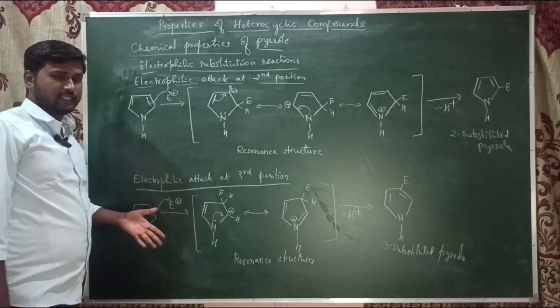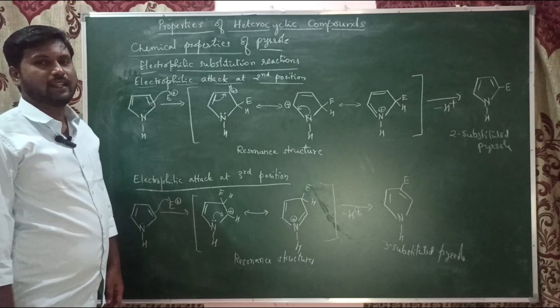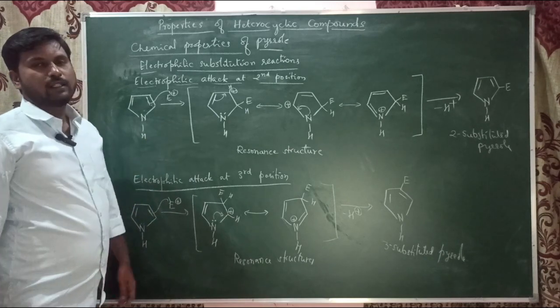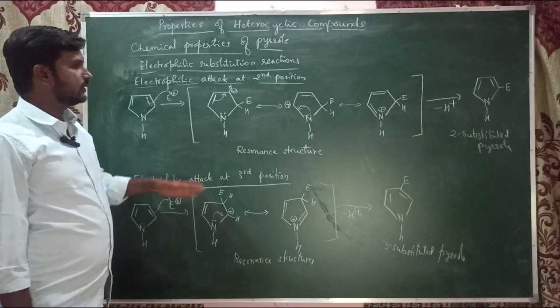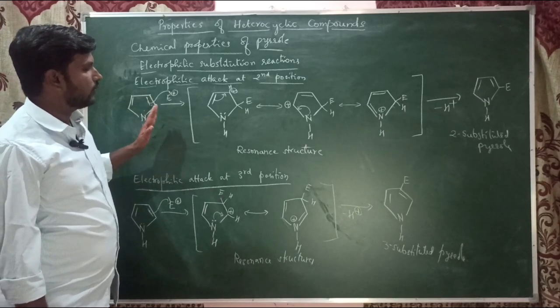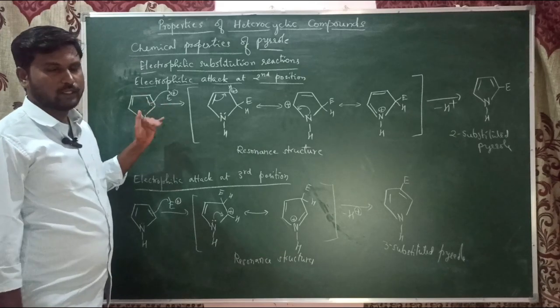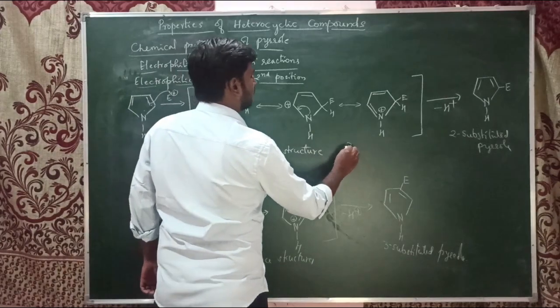So by seeing the structure itself, you can say which is the most preferred position for electrophilic substitution. Yes, the second position has more priority for the electrophilic attack, because here we can see the three resonance structures.